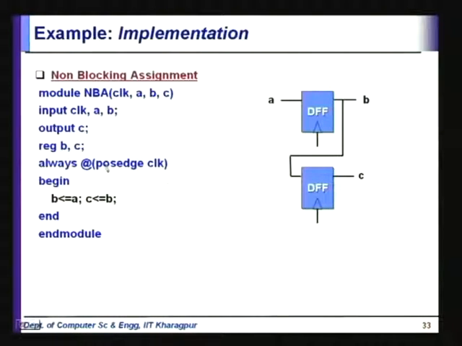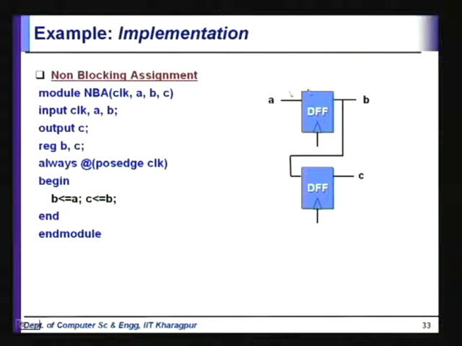where we are doing the following thing, that always at posedge clock begin B assigned to A, C assigned to B, I mean C assigned to B. Now what this is going to do is, here it is going to use the previous value of B, not the new value of B, right.